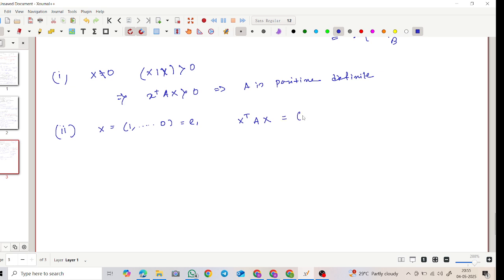It will be the 1 1 entry of A, right? That is alpha 1 inner product alpha 1, the first entry of A, which is greater than 0. So the inner product matrix is positive definite.